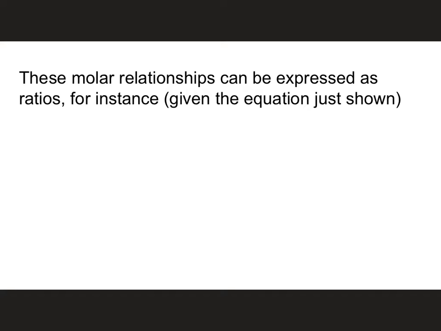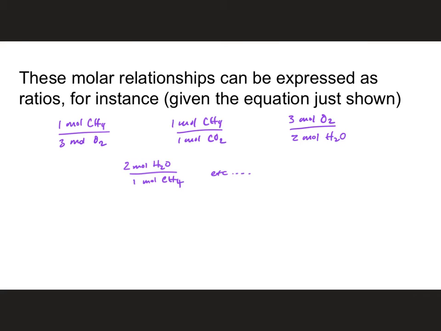So I'm going to show you some of the possible ratios that can be written given the equation you just looked at. You'll notice that I have set up 4 possible ratios, and there are others.